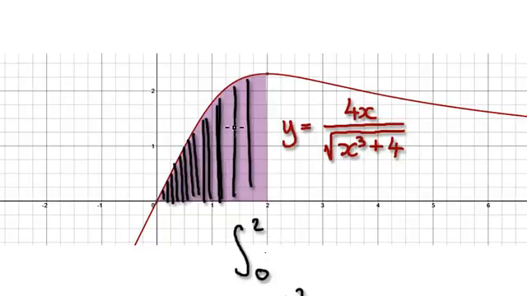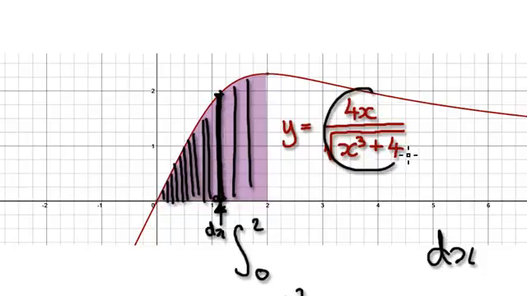Let's just look at one particular disk here. The thickness associated with this will be dx, so it's going to be something dx. The height of this thing here will be given by this.